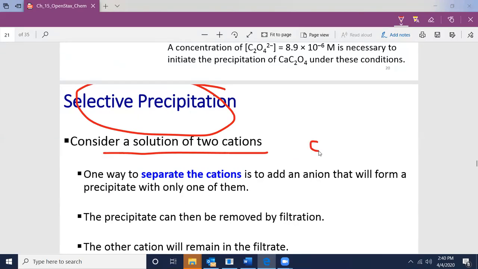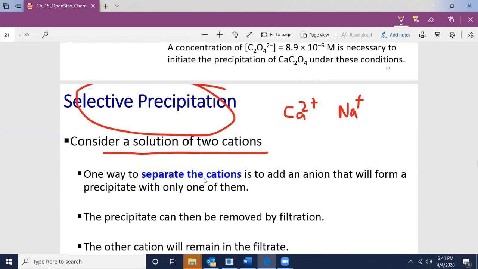So if you have Ca2+, let's say one cation, and you have Na+, right?